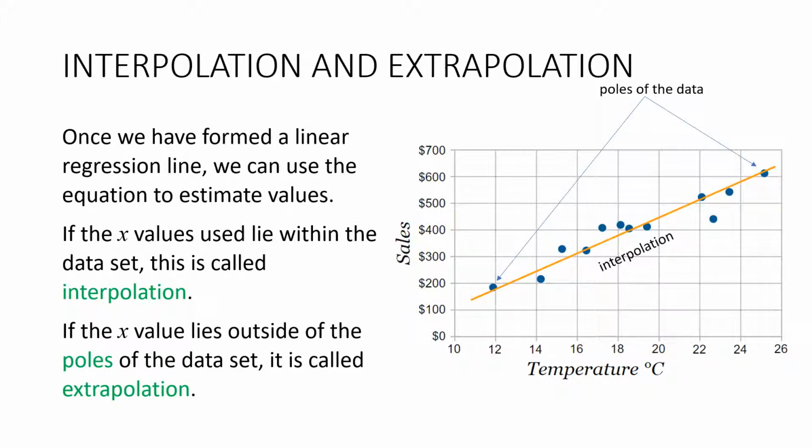If I'm outside the poles of the data set, then it's called extrapolation. Now, not surprisingly, in here, any answers that we get when we're estimating values are going to be fairly reliable because we've got data points to support that. But outside these poles, it's not reliable at all. We don't really know what's going on outside there, and I'll show you an example in the next page.